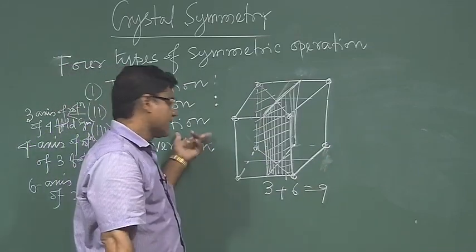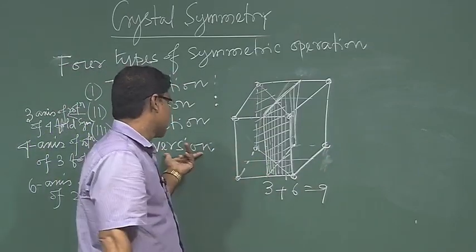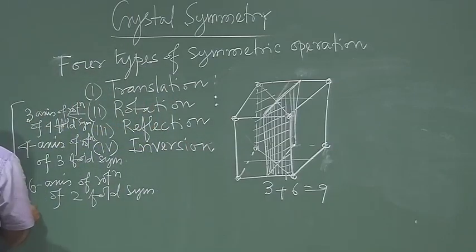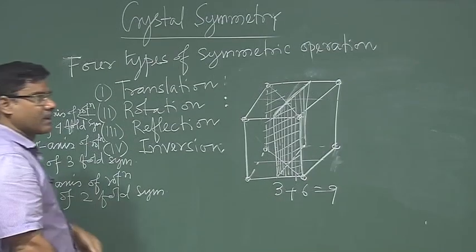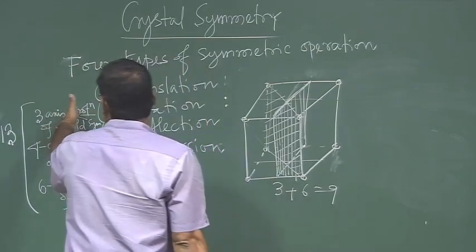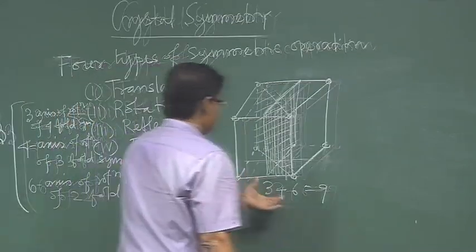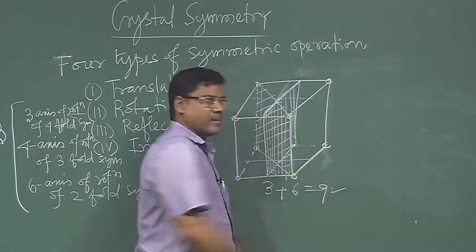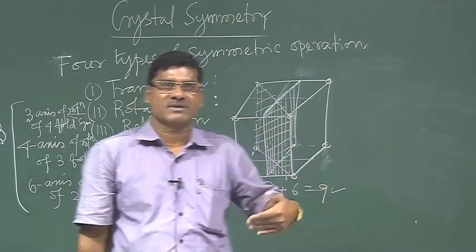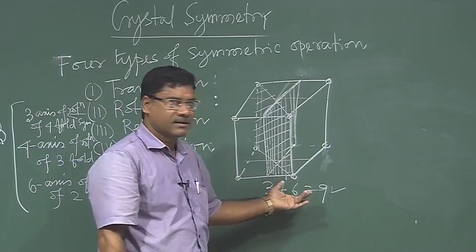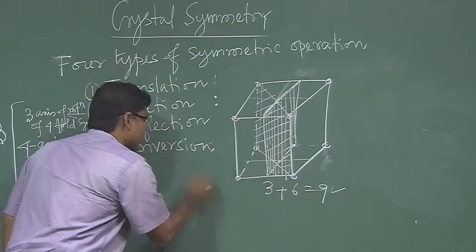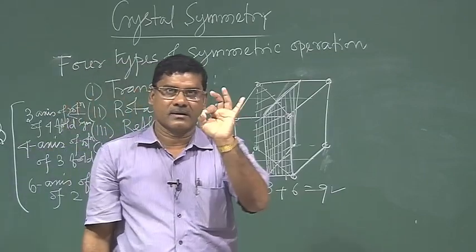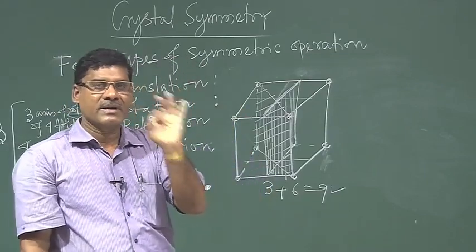I will discuss inversion in the next class. Just remember, from rotation we have got 13 axes of rotation symmetry. Here we got 9 planes of mirror symmetry. Then for inversion, for this cube it will be just one point at the body center, which is the only inversion point.